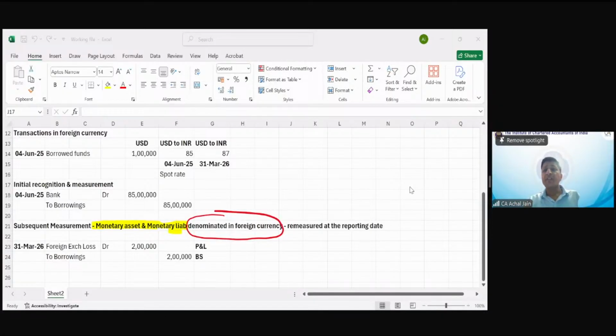So this is what is required to be done in case of foreign currency transaction and in case of foreign currency denominated monetary asset or monetary liability. So that's the accounting requirement that we have. Any questions, any doubts, please let me know quickly. Then we'll pick up one example also.